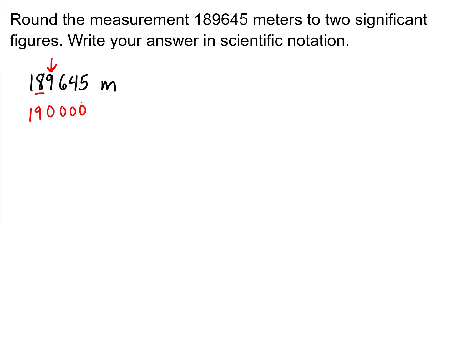If you line up your number like I just did underneath, then you'll have a much better time figuring out, oh, I should probably add some zeros here, because we had to add a few placeholder zeros just to get to the right number. So does everybody see how we got to 190,000 to round?